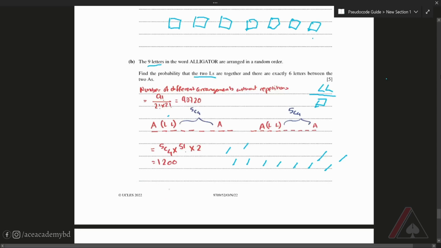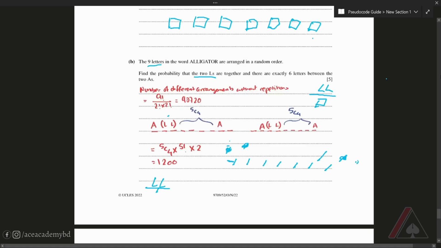So we have 7 letters, and considering that the two L's are together, they have to be together. They cannot be outside the A's because, for example, we place it like this. There is nothing else on the side. There's only one spot left on the side. So the two L's are 2 letters, so they can't be here.